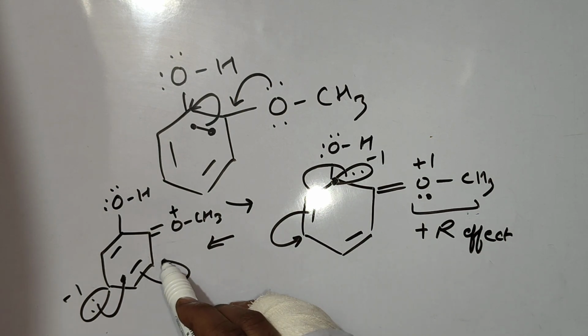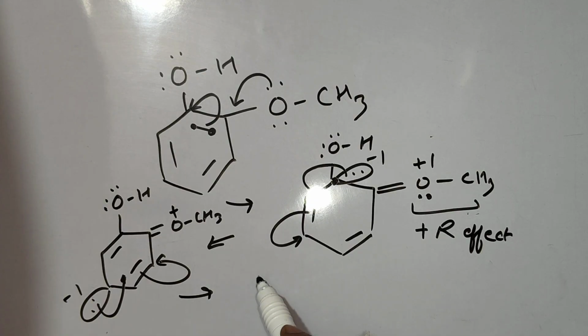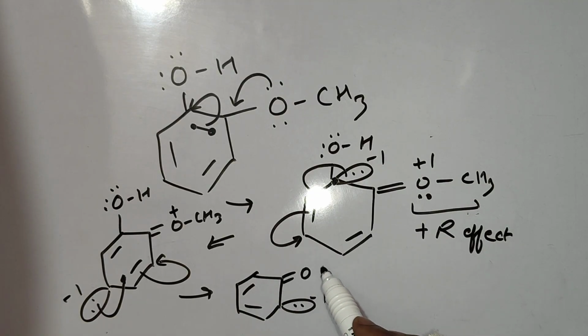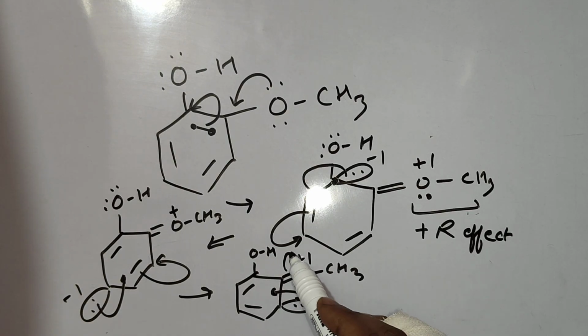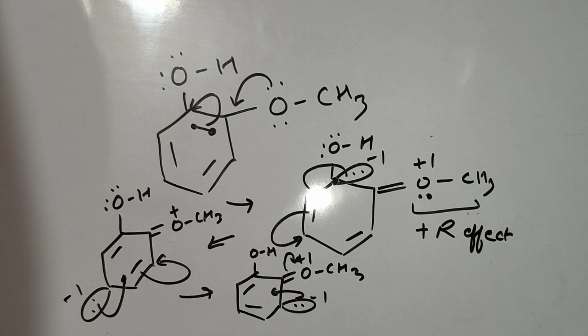Now again, OH as it is, and finally again here and pi electrons will shift back toward oxygen and the final structure will be generated.